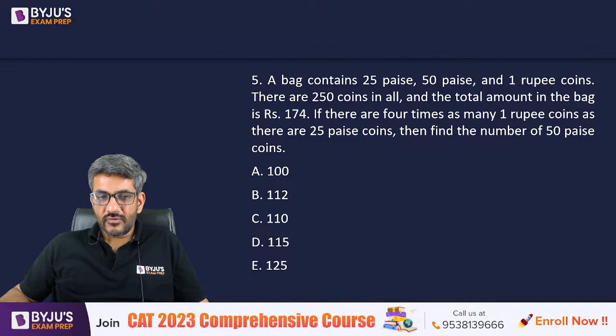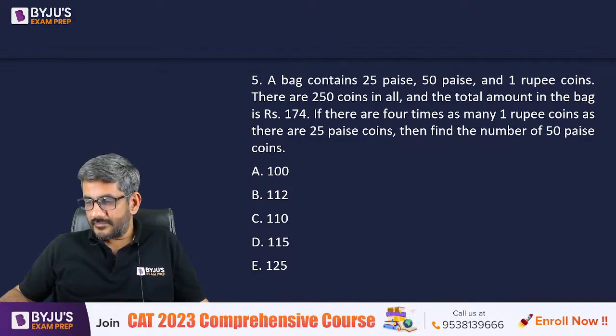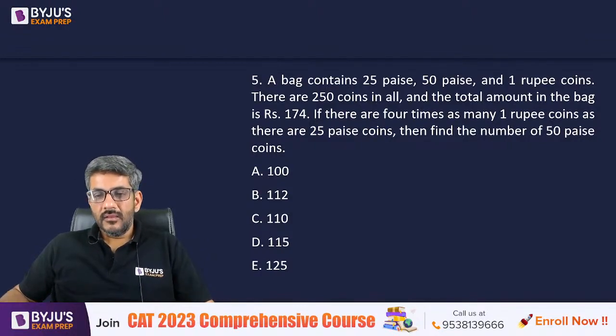Three answers till now. Two of them are A, one of them is C. Manthan has got B, that is 112. Paresh has got B, 112. Kajal has got A. Let us start doing it then.